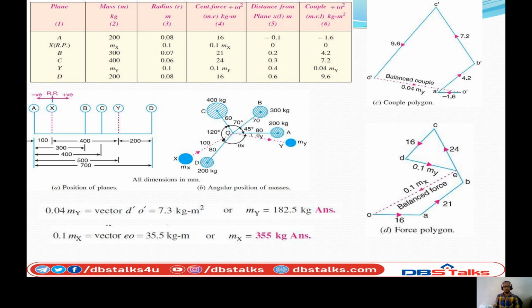Then what is the next thing? A to B. What is the second mass? B is positioned with respect to A. Again BC, that is 24. Then CD, that is 16.